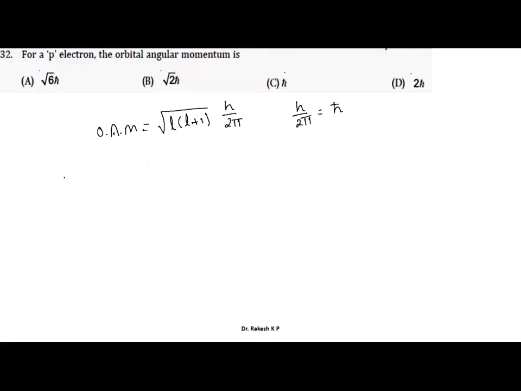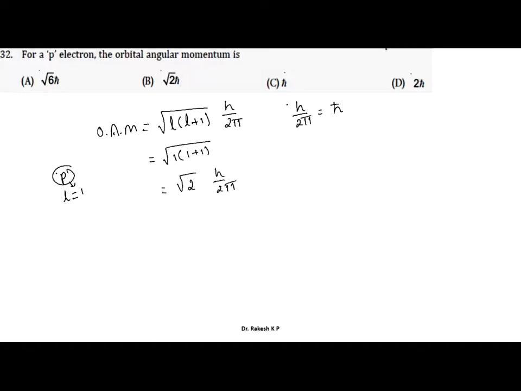Now, they have given a p electron here. That means l is equal to 1 for the p orbital. Let me substitute the value: 1 into 1 plus 1. So finally we got root 2 into h by 2 pi.